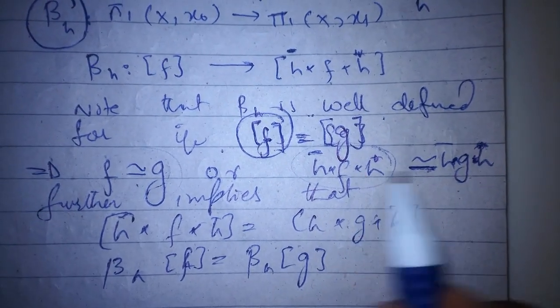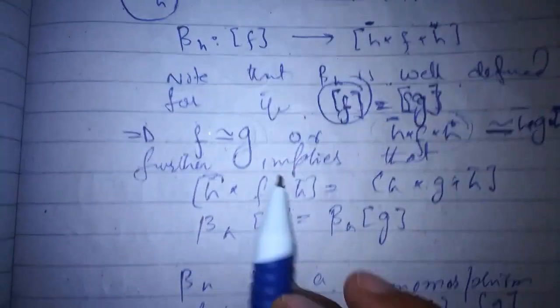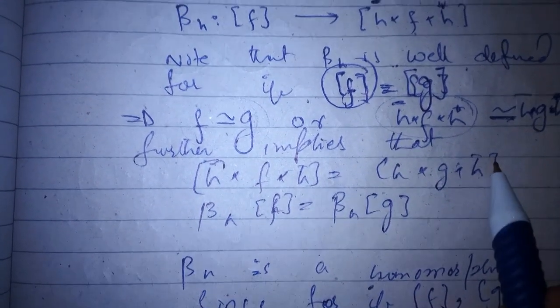Both are homotopic, which further implies that the path homotopy classes are equal.